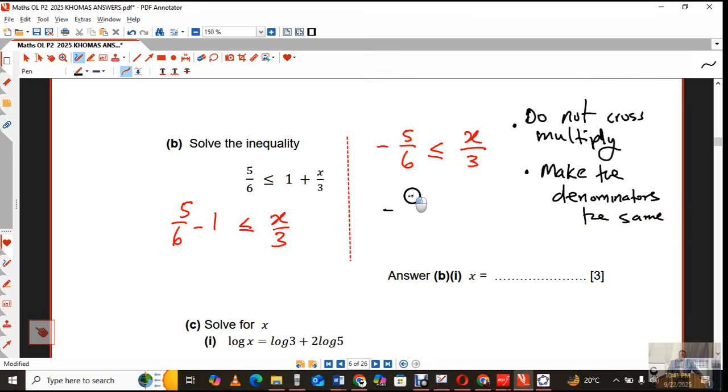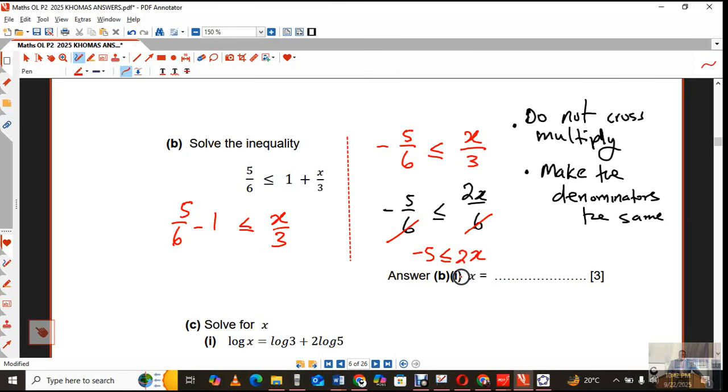So to do that, we are going to have an LCM of 6. Now 3 goes there 2 times, so the number on top becomes 2x. So you can now actually go ahead and you can drop them. So you will be left with, for lack of space, maybe you're going to be left with minus 5 is less than or equal to 2x.